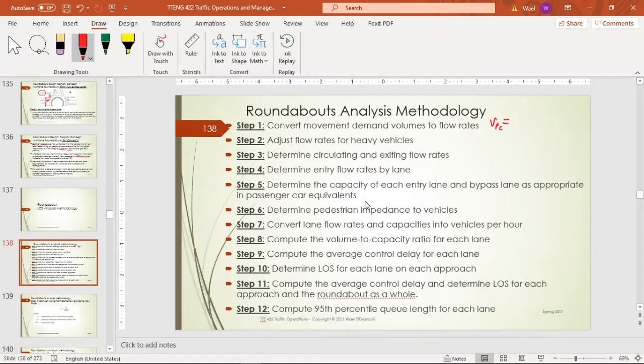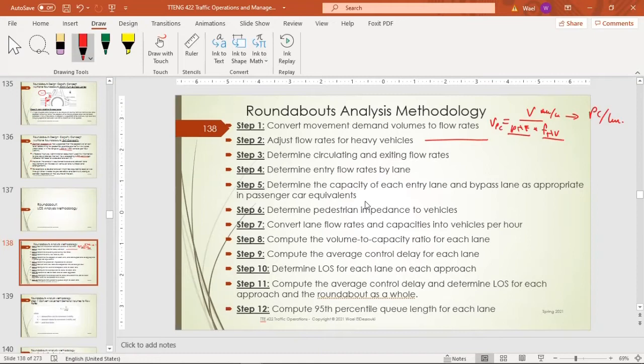So here we have volume divided by peak hour factor, multiplied by FHV. We want to convert from vehicles per hour to passenger cars per hour. Step two adjusts the flow rate for heavy vehicles. So basically step one is dividing by peak hour factor, and step two is dividing by heavy vehicle factor.